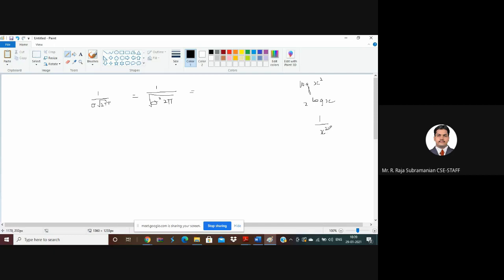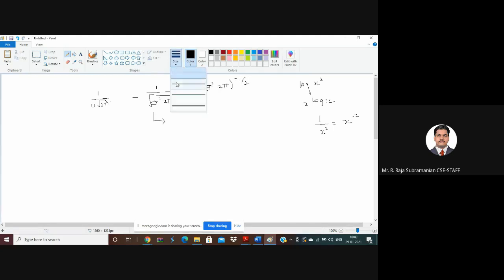Am I right? Now we forget about this 1 because log 1 will become 0. Now this particular term, can I write it as sigma squared 2 pi, the whole power minus 1 by 2? This is sigma squared 2 pi whole power minus 1 by 2.